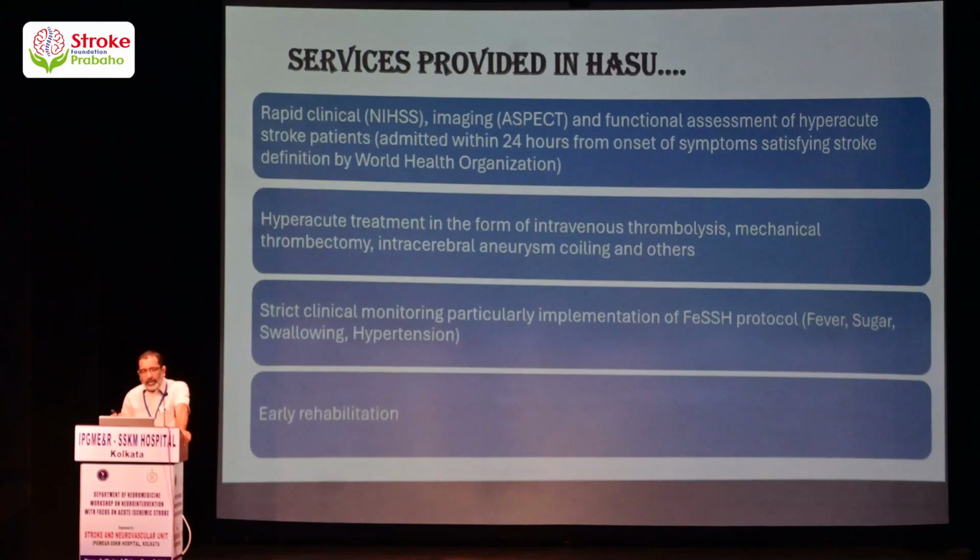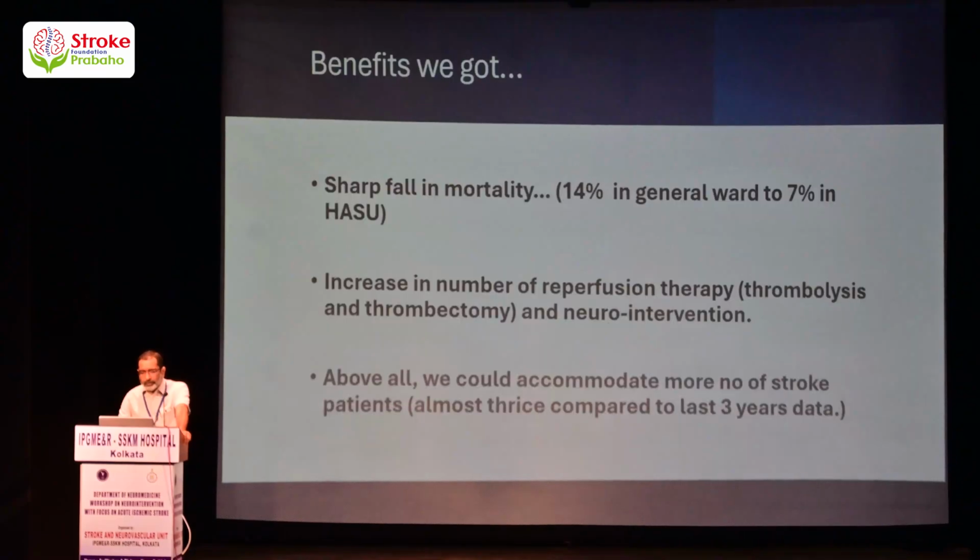Next, the patients are given IV thrombolysis or mechanical thrombectomy or intracerebral aneurysm coiling in appropriate situations. And the other part is implementation of the PHASE protocol and early rehab. These are the important components of service in the hyperacute stroke unit.